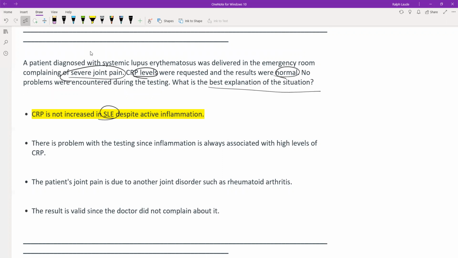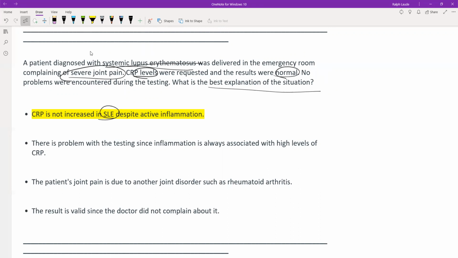Remember that CRP is a very good marker for inflammation and infection, but not in SLE, because as mentioned by, I think, Stevens, even if there is existing SLE, CRP levels will still be low or normal.